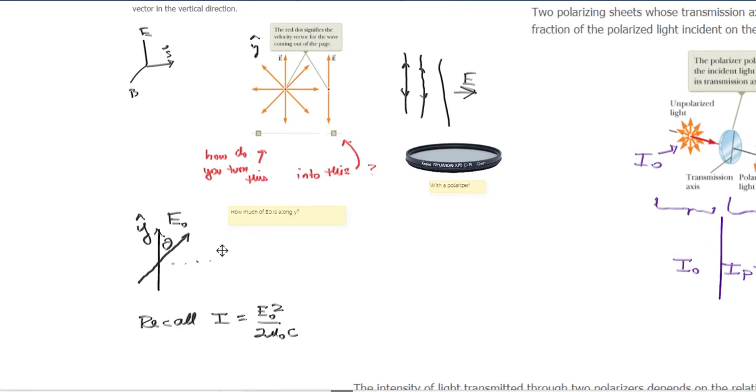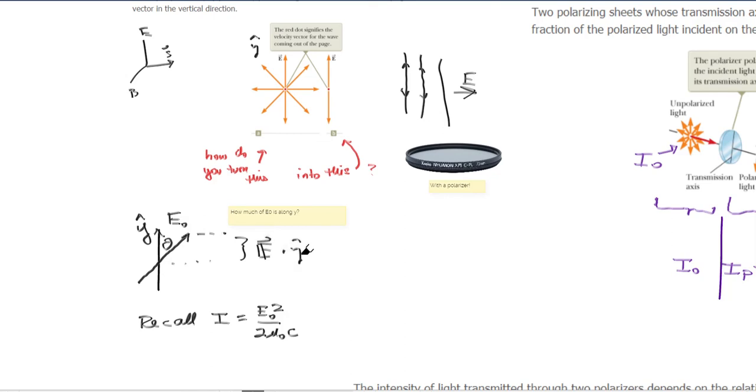So we've talked about this, the geometric interpretation of dot product, a bunch of times, but I think maybe this would be a good time to bring it up again. If I want to know how much of this E naught vector is in the y hat direction, how much of E naught is along y, I would take the E vector and I would dot it with y hat.